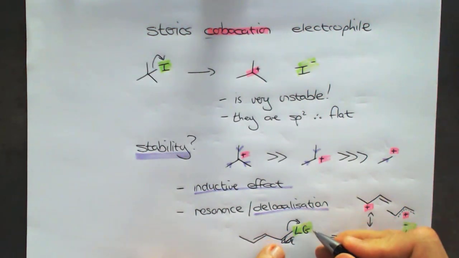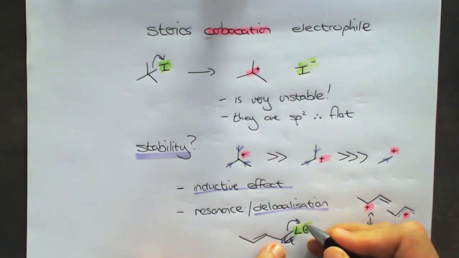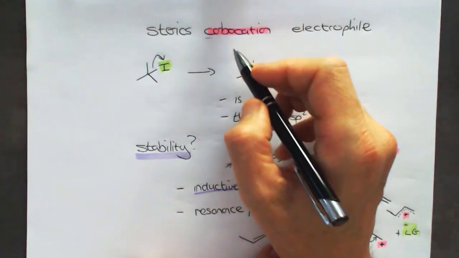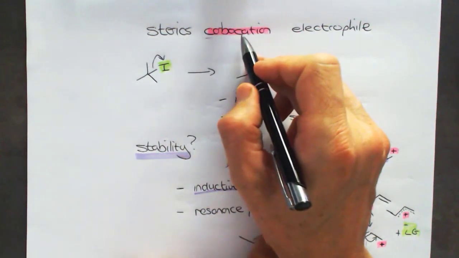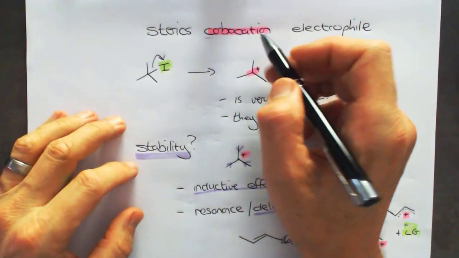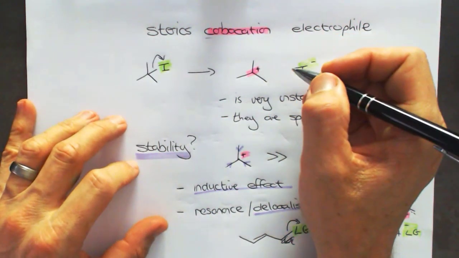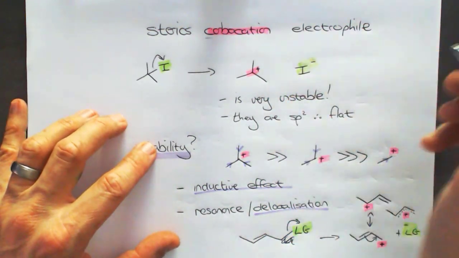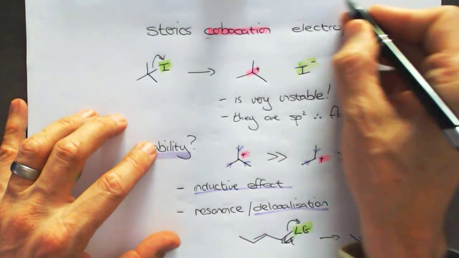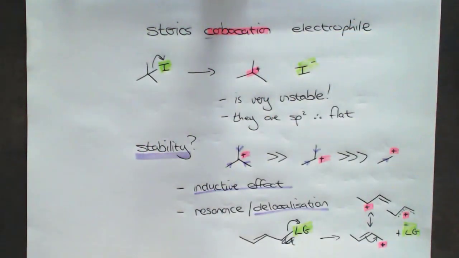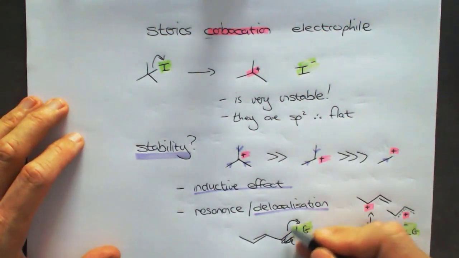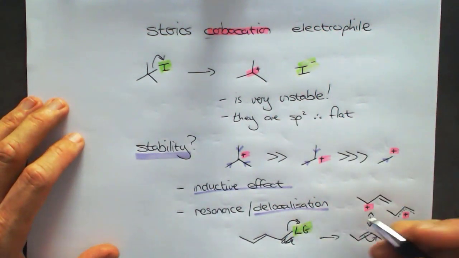But actually, there is a very good chance this is an SN1 reaction because of the stability of the carbocation that comes afterwards. So we do need to look at those two things in conjunction. The last thing that we need to look at is the electrophile itself. And we need to look at that because we need to actually consider what a good leaving group is and how we can affect that in a reaction.